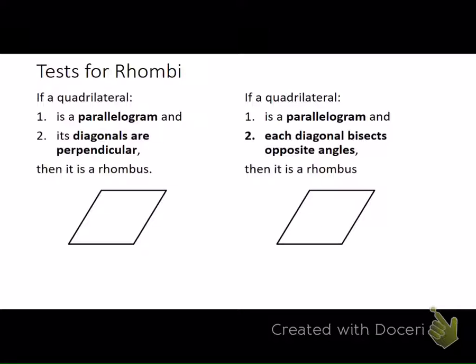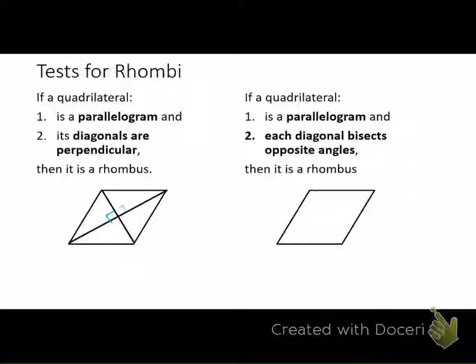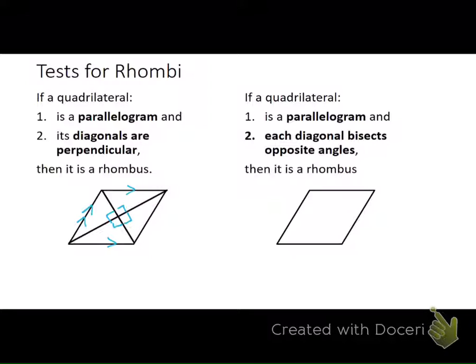All right, so let's get started. Test for rhombi: if a quadrilateral is a parallelogram and its diagonals are perpendicular, then it's a rhombus. Remember, perpendicular means forms right angles. So it's saying if these are parallel and it forms right angles, then it is that.